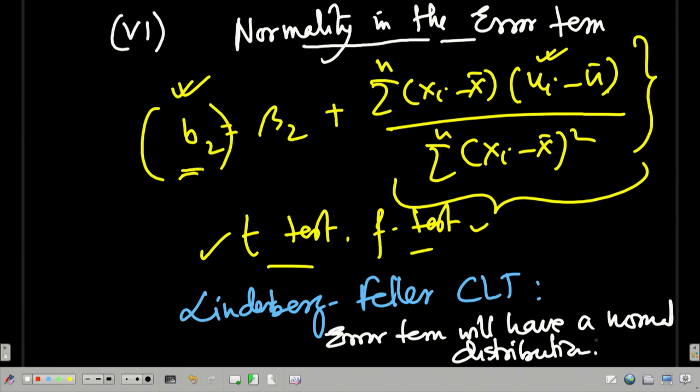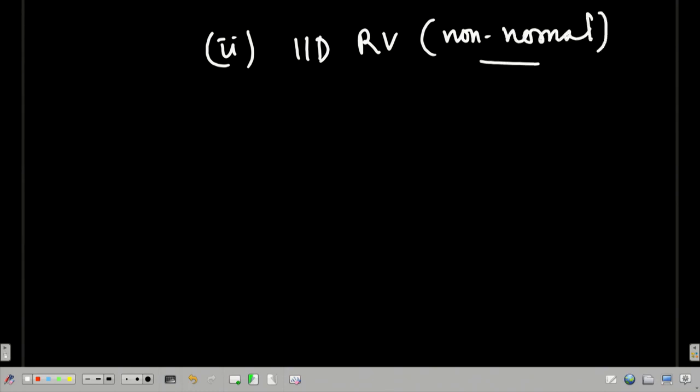Even if there are cases where your error term does not have a normal distribution, let us say this is case 1: if it is an IID random variable which is non-normal, even then you will be able to perform your t-test and f-test.